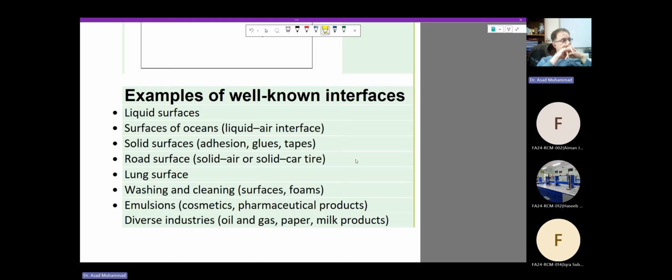Then we have washing and cleaning, which involves surfaces and foams. Then we have emulsions, in cosmetics and pharmaceutical products. Then we have different industries like oil and gas, paper, and milk products. In milk products, you have cheese, mayonnaise, and many different types of spreads.